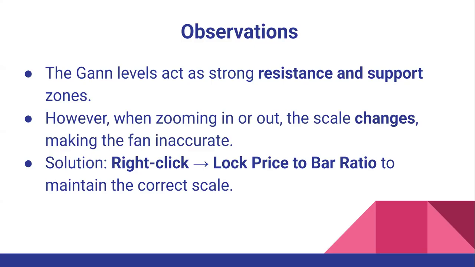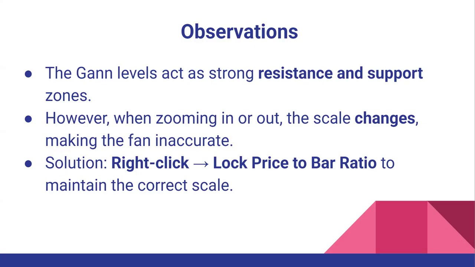Usually, if you plot Fibonacci lines or levels, they are all horizontal levels. But the advantage of this Gann fan is it is plotting angular supports and angular resistance levels.